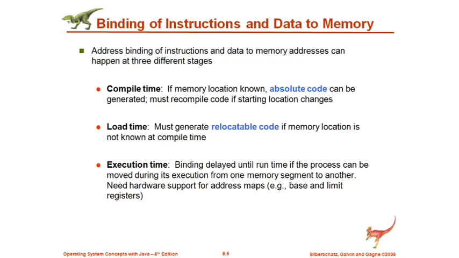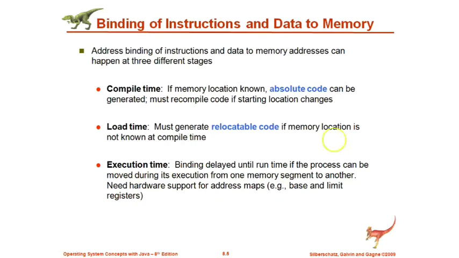The normal procedure is to select one of the processes in the input queue and to load that process into the memory. As the process is executed, it accesses instructions and data from the memory. Eventually, the process terminates and its memory space is declared available for other processes.